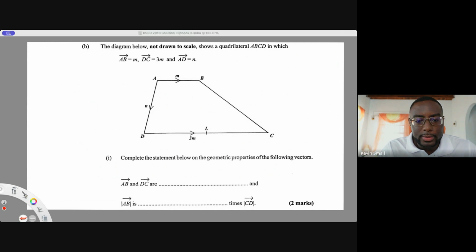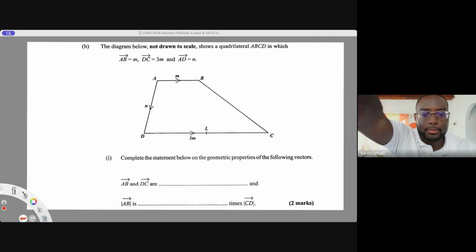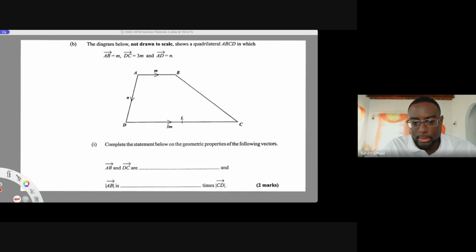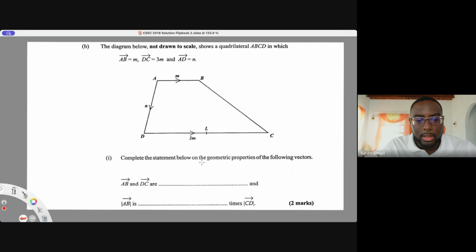All right, so with this question, let's see what the answers will be for AB and DC. Complete the statement below about the properties of the following vectors. What can you say by just looking at the diagram about AB and DC?